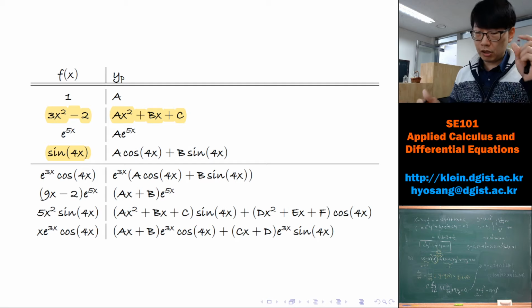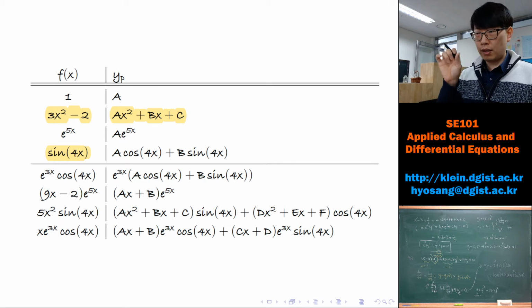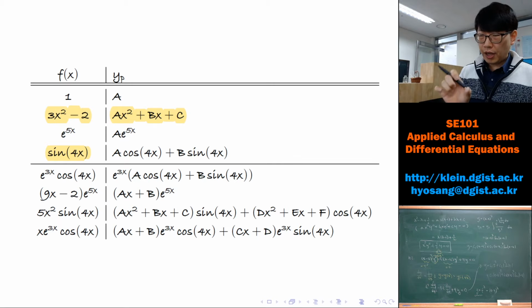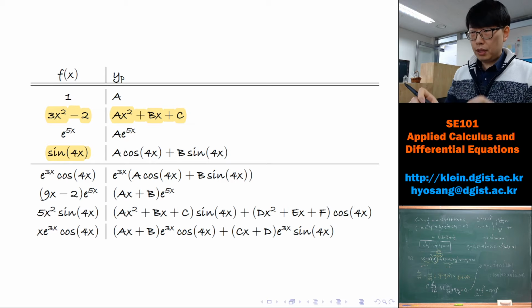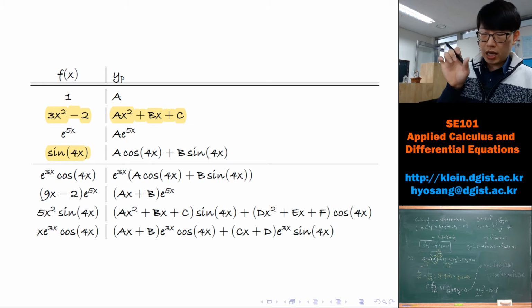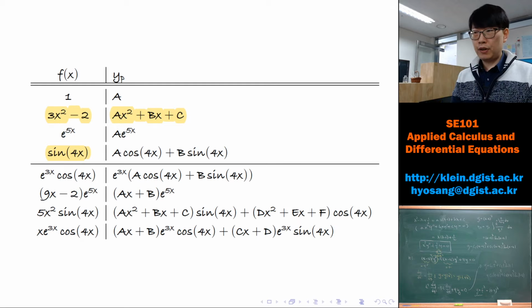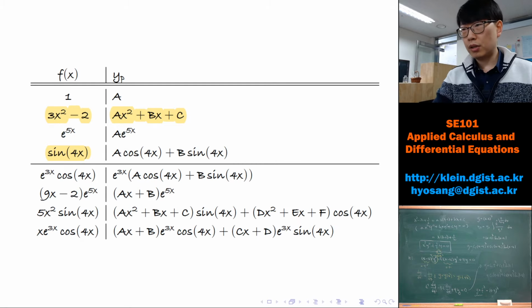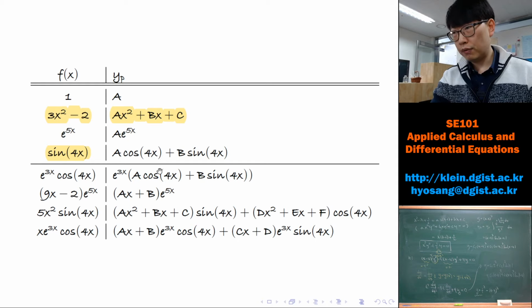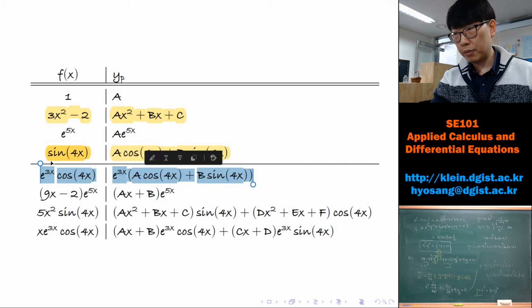So you have an exponential function multiplied with a cosine function or sine function, okay? And then your guess of yp must be an exponential function times a sinusoidal function. So the most general form that you can guess for the sinusoidal function is the above form. So this appears because of the line right above here.